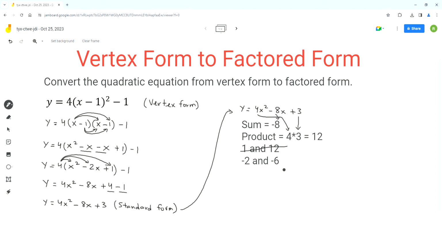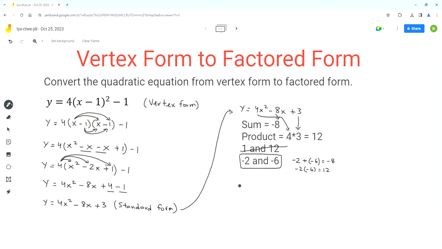So we know that negative 2 plus negative 6 is equal to negative 8. And negative 2 times negative 6 is equal to positive 12. So the two numbers that we are looking for are negative 2 and negative 6.